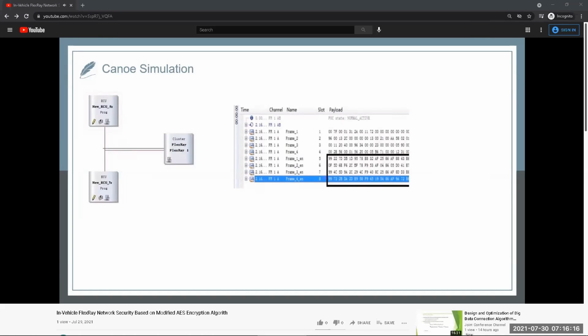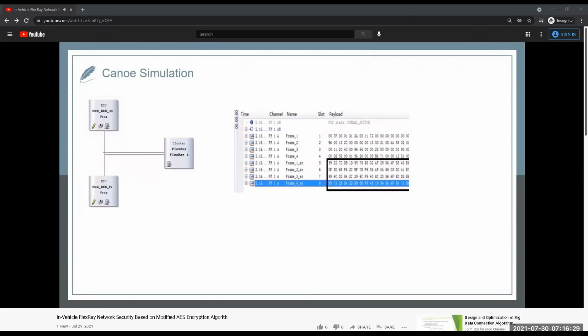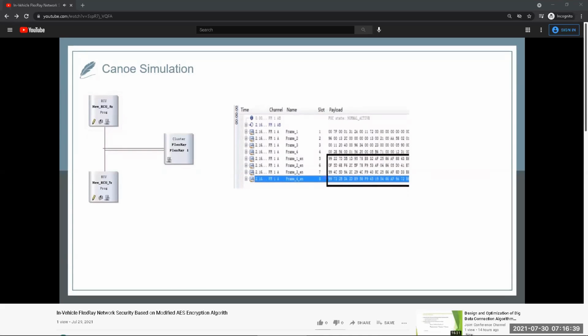It conducts simulation verification through CANoe vehicle bus network development equipment, and in the figure we can see the new ECU TX and the new ECU RX are the sender and the receiver nodes of the FlexRay bus, respectively. In the right figure, we can see the message data, and there is no error.